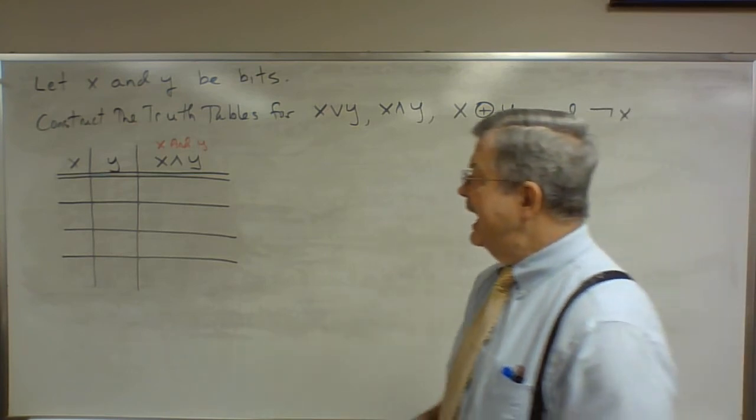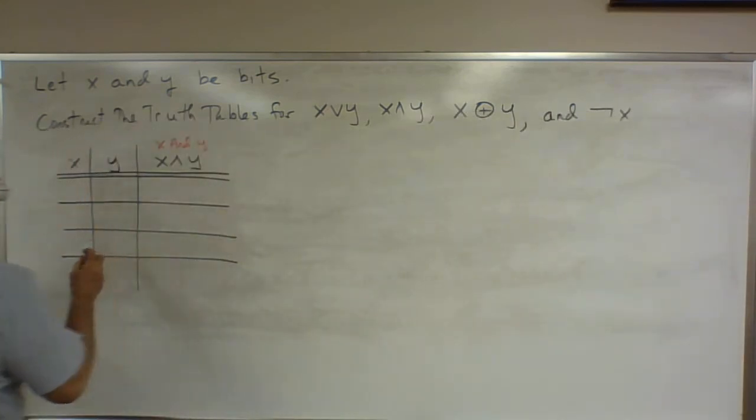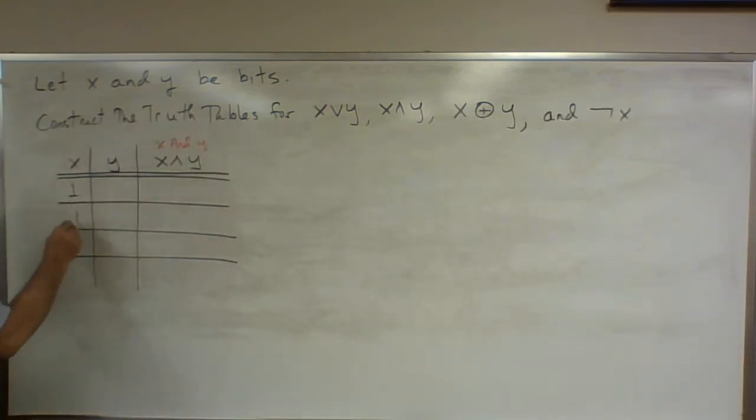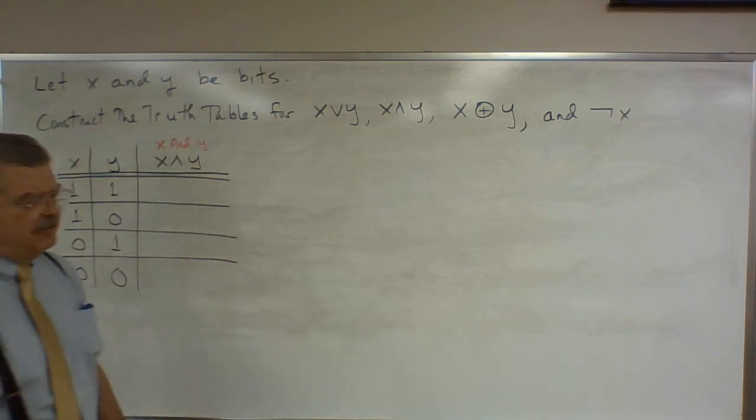Let's fill this thing out. On the outside, we have true, true, false, false. And on the inside, we have true, false, true, false. This is an and statement or a conjunction.